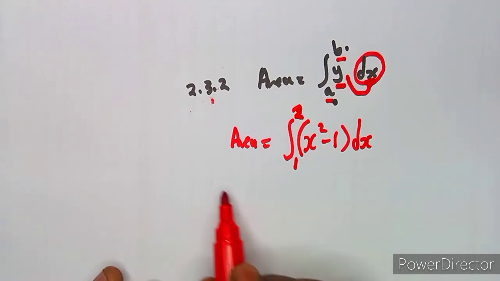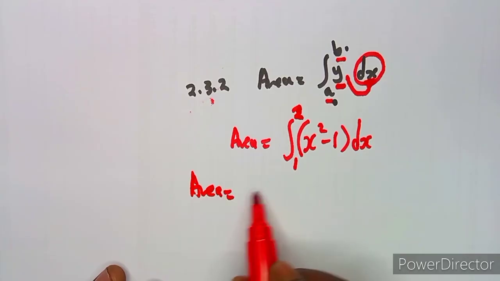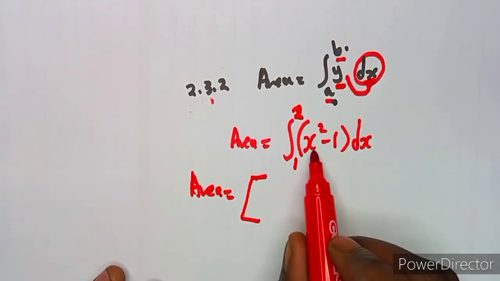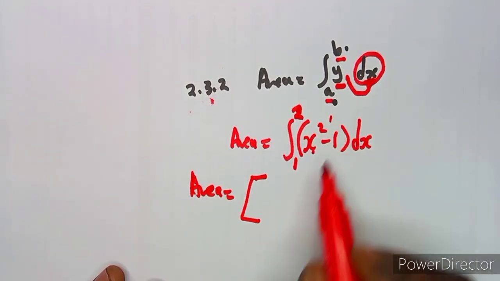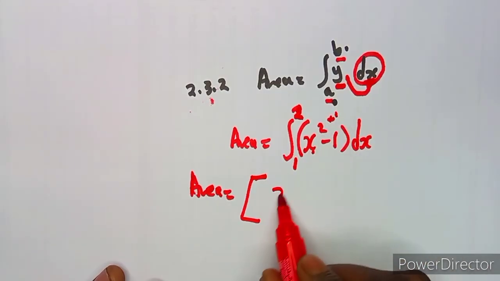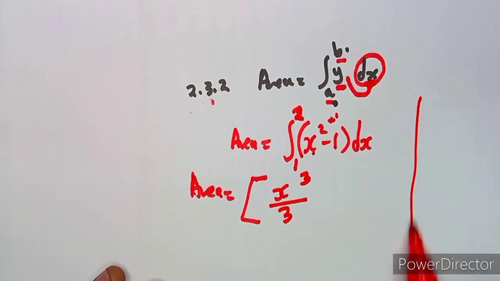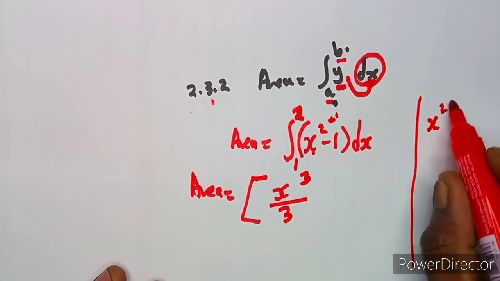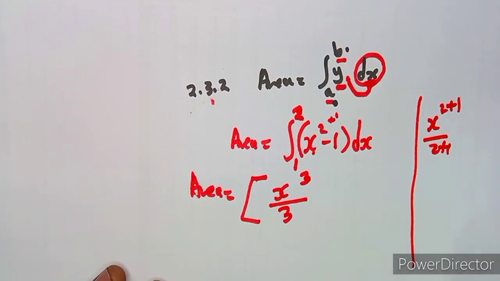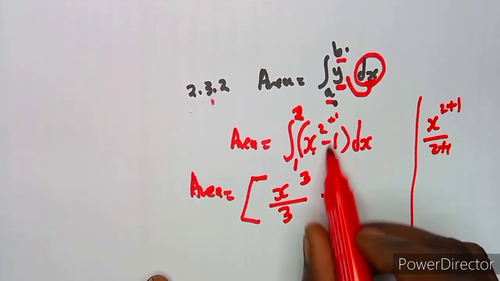So let's integrate. If we integrate this, remember we add 1 to the exponent and we divide, so it's x to the exponent of 2 plus 1, which is 3, over 3. Okay, this one is minus 1.